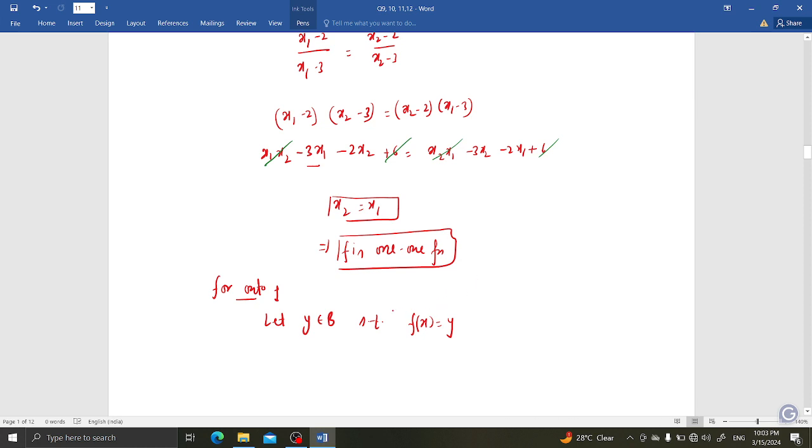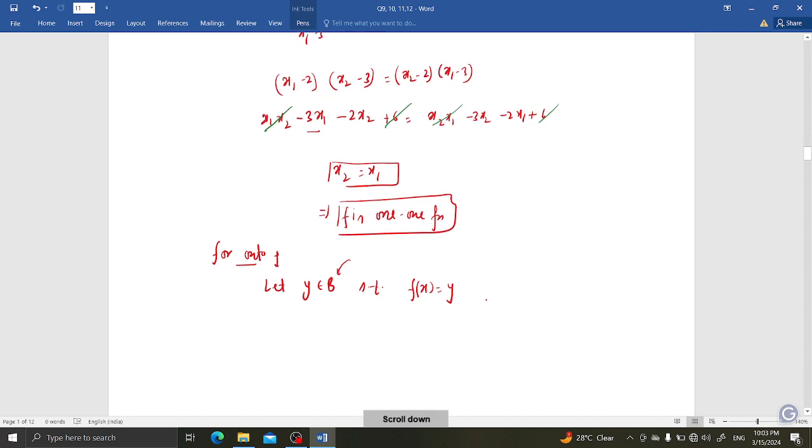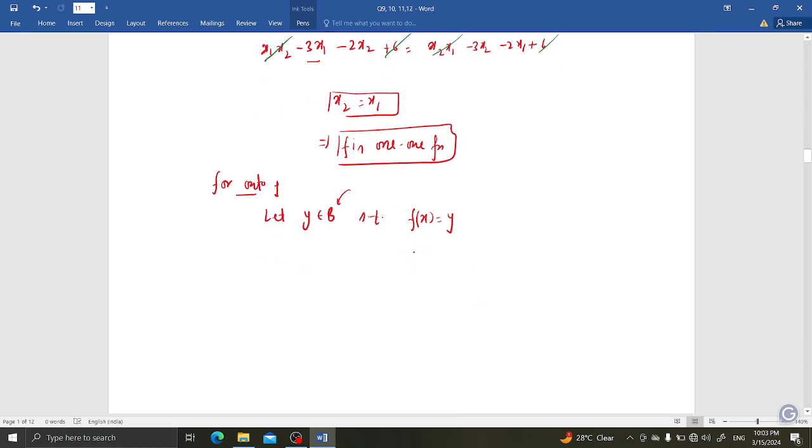Is there any problem if I am taking any element from set B, is that format valid? Clear, that is the first thing. And also if it is valid, we get the real value of x, then we check whether that value is in the domain set or not. So here I'll do it, then I'll explain.